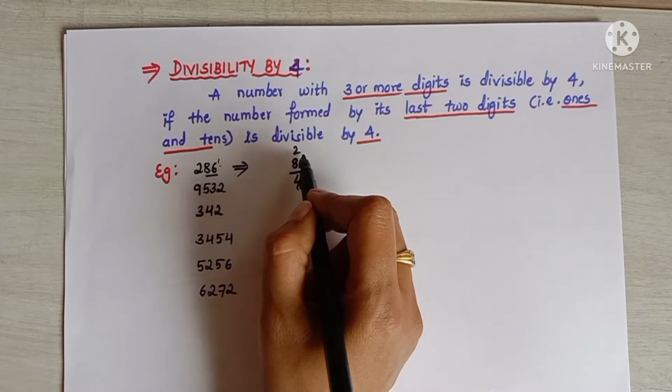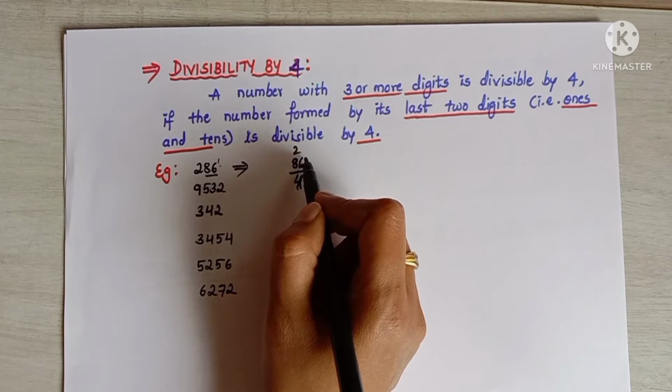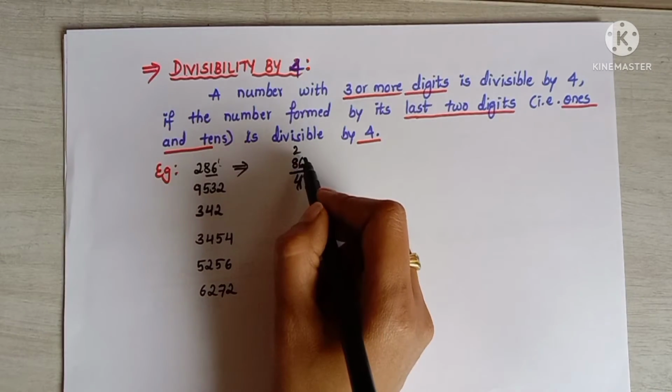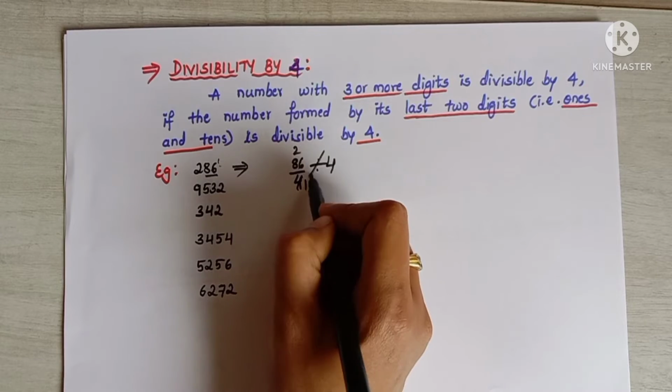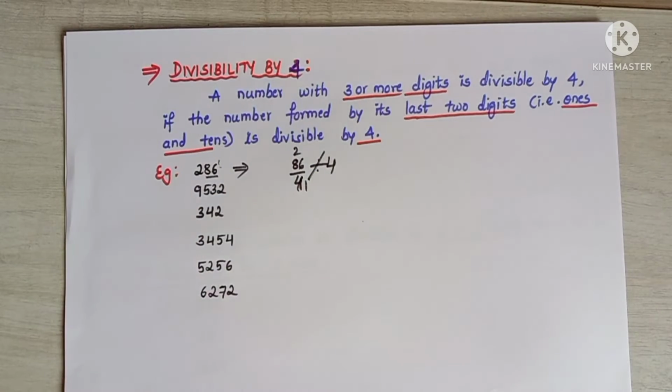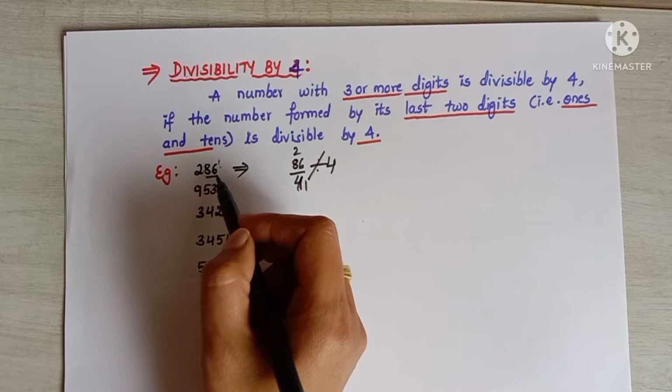Then it is not divisible by 4. It is not divisible by 4. Therefore, 286 is not divisible by 4. Can you guess by which number it is divisible? Can you guess? Yes, right. It is divisible by 2.